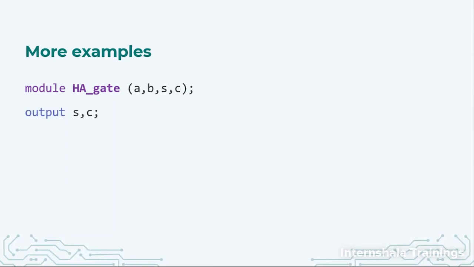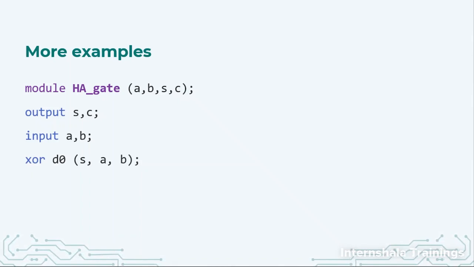Let us have a look at one more example. Here I have a half adder using gate level modeling. I have given the module name as HA_gate. There are 4 ports: A, B, S, C. S and C are the outputs, A and B are my inputs. Now I say XOR, D0 is the instance name.